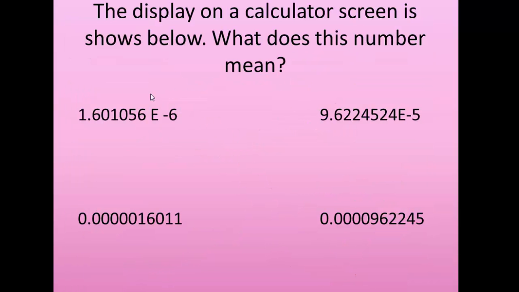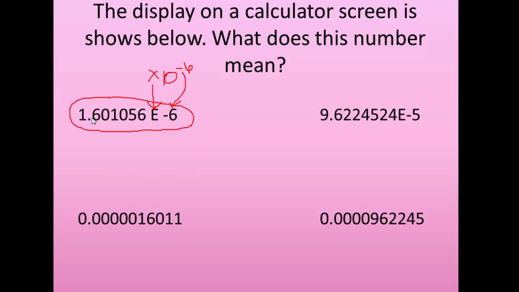Alright, so here, I know you can see the answers already, but that's okay. So if you're given this on your calculator, that E means the same as times 10. Okay, and so this negative 6 here will actually be your exponent.